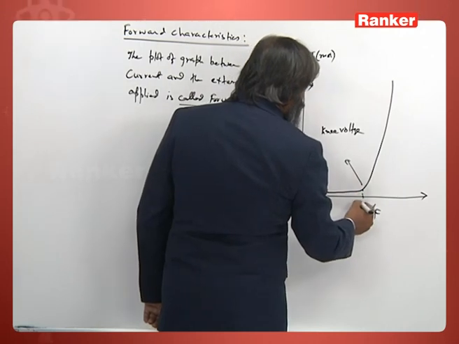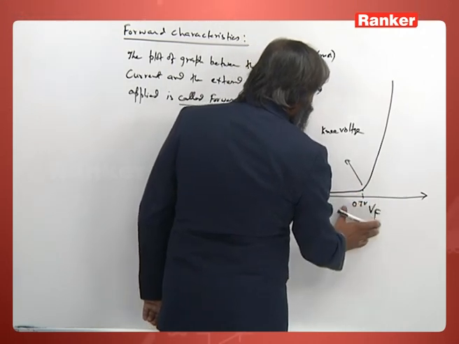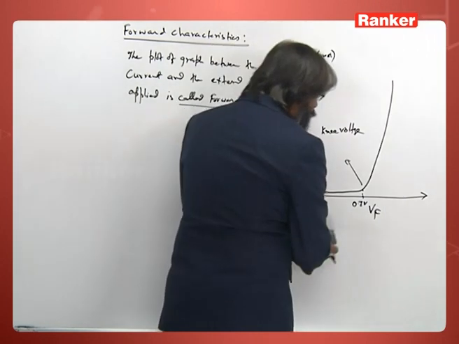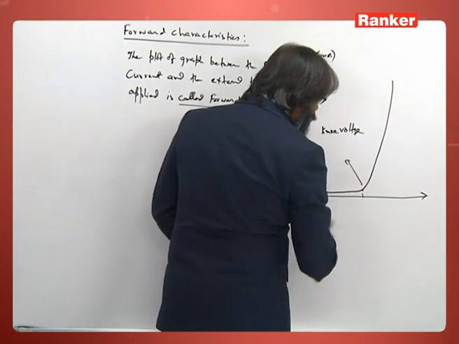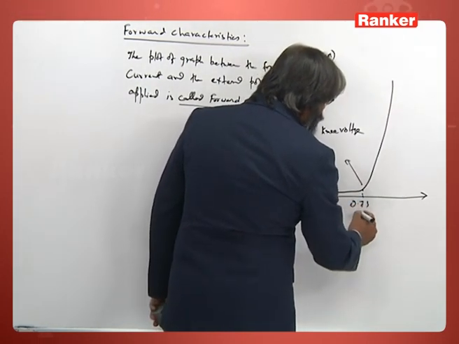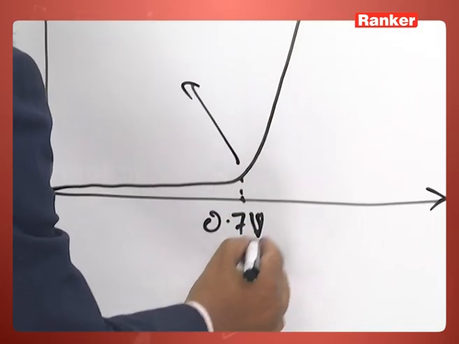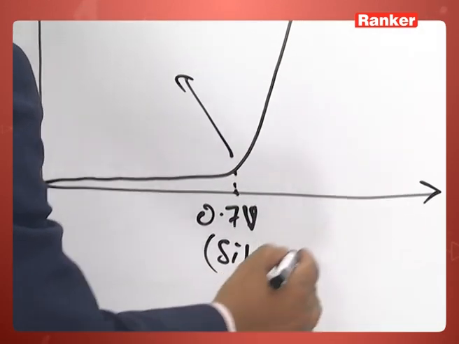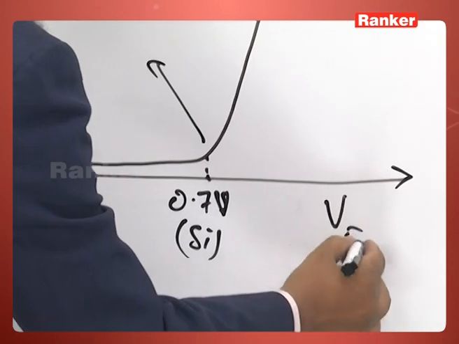It is 0.7 volts for silicon. This is the forward voltage.